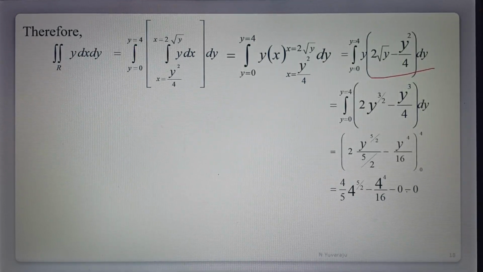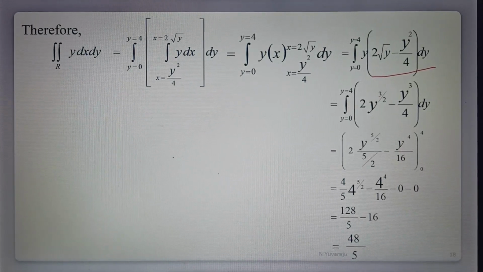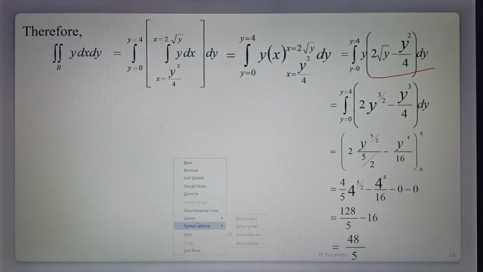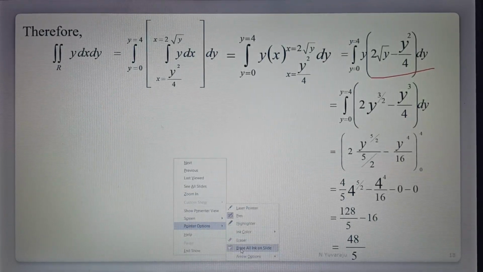Substituting, 4 by 5 into 4 power 5 by 2 minus 4 power 4 by 16 minus 0 minus 0. After simplification it is 128 by 5 minus 16, that is equal to 48 by 5. So this is the required result of the given integral.